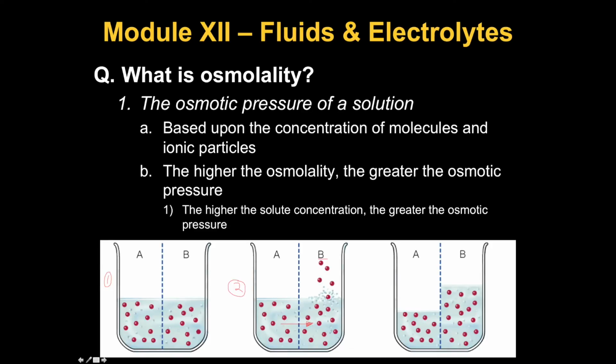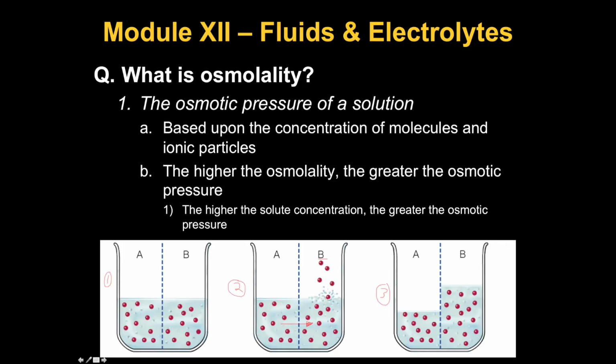There are more solute particles, and that's going to pull more water, more fluid, across this semi-permeable membrane to balance out the osmolality between side A and B. So in number 3, you see that there's a higher amount of fluid inside B of the beaker. Again, that's due to the osmotic pressure being higher inside B, which pulls more water to that side of the beaker.